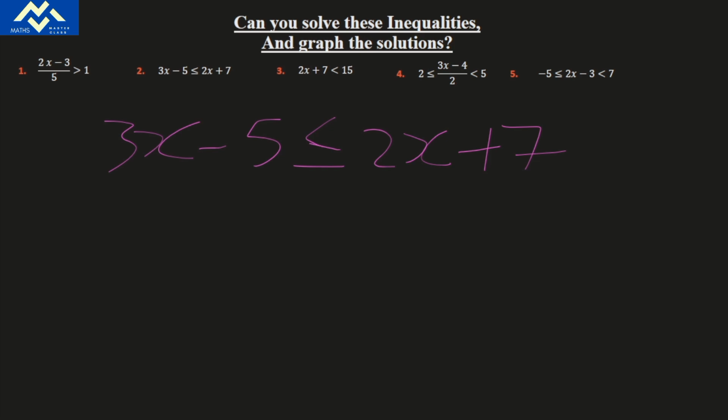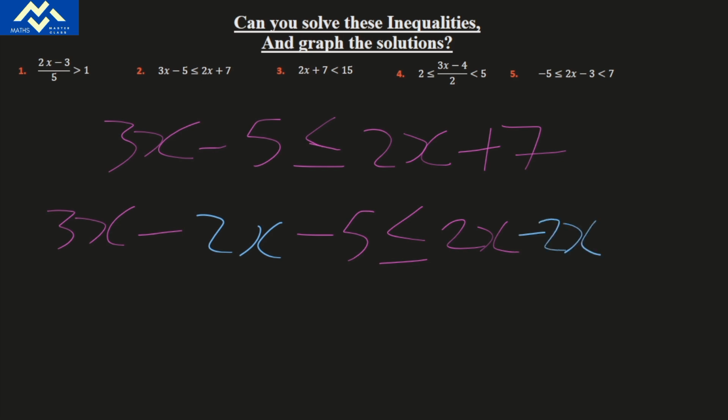We go straight to collecting like terms, subtract 2x from both sides. 3x - 2x is x. So we have x - 5 less than or equal to, here we have just 7, because 2x - 2x is 0. We write 7.